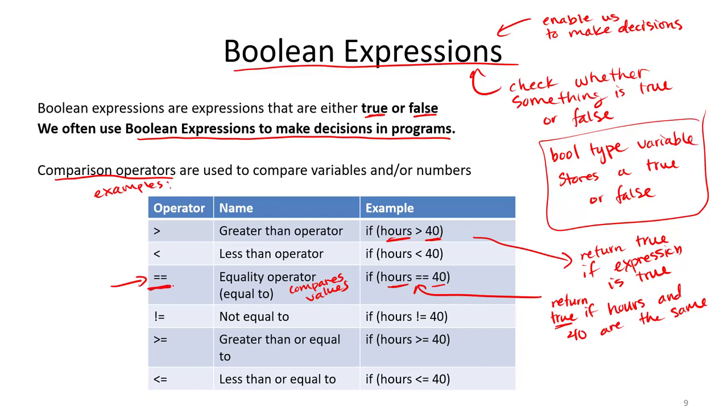Notice this is a double equal sign. This is not to be confused with the single equal, which assigns a value. We also have not equal to that works in a similar way. It returns true if the things are not equal to each other. And we also have greater than or equal to and less than or equal to. These work very similar to what you may have learned in math class.